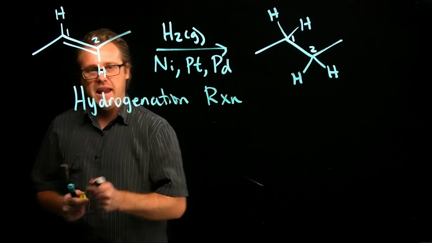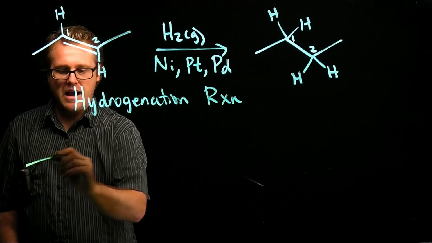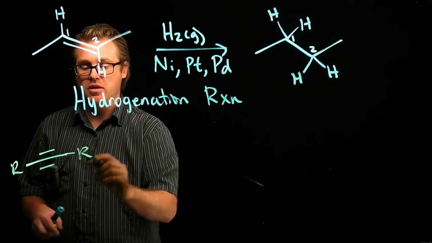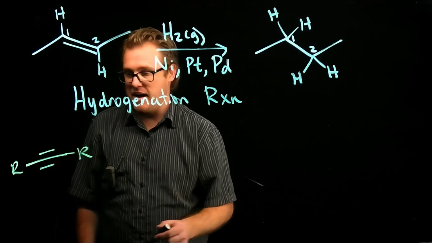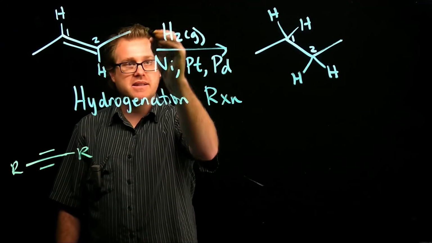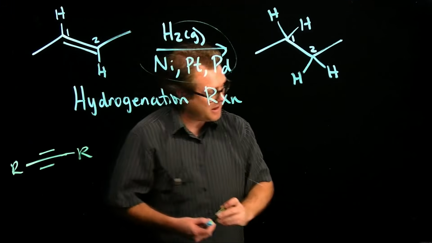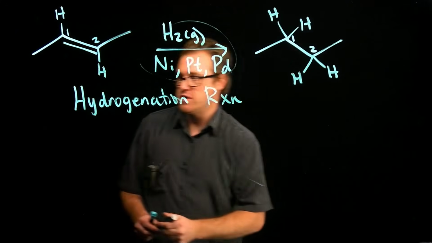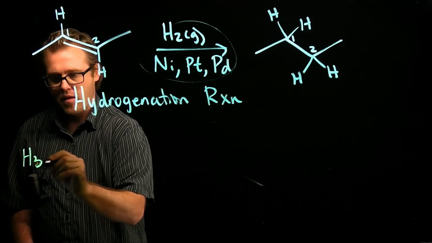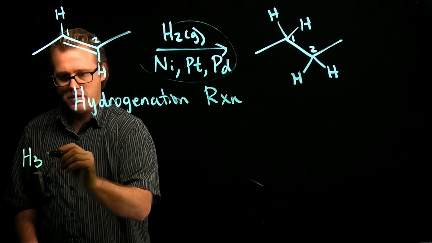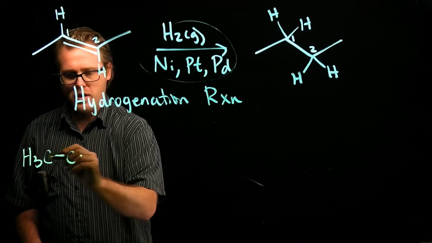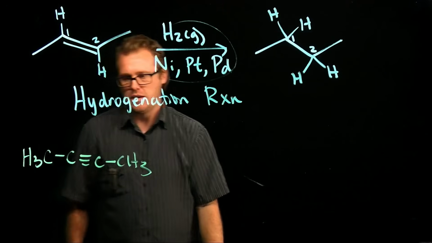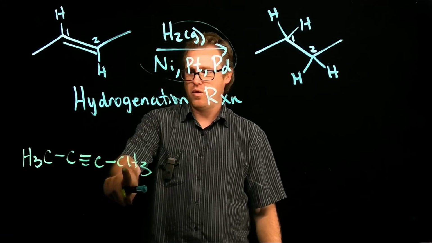But we can also take an alkyne as well. We can take an internal alkyne or a terminal alkyne. It does not matter if you treat it with the same reagents. So let's actually do a better example here. Let's draw one with, let's see, 1, 2, there we go. 1, 2, 3, 4. 4 carbons.